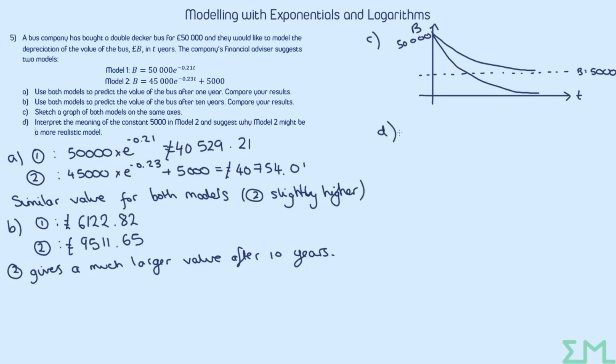Part D, interpret the meaning of the constant 5,000 in model 2 and suggest why it might be a more realistic model. So the meaning in this context would be basically the value of the bus can never decrease below 5,000. So the value of the bus cannot go below £5,000.